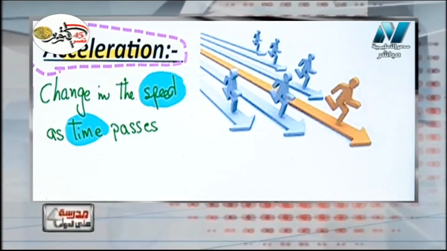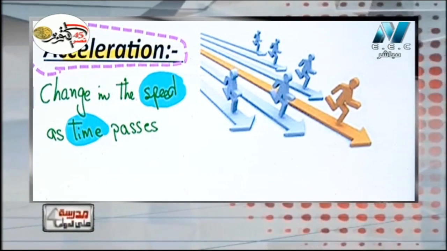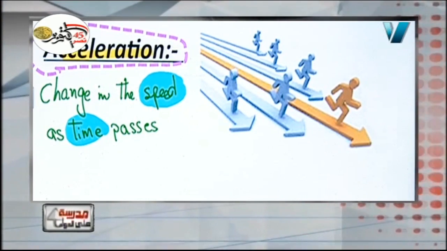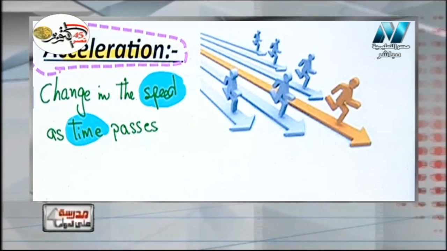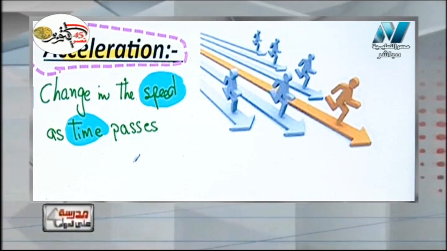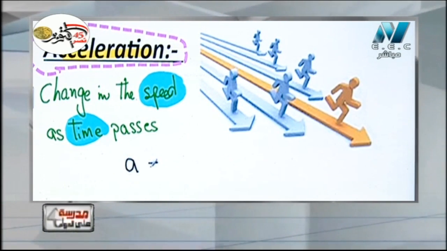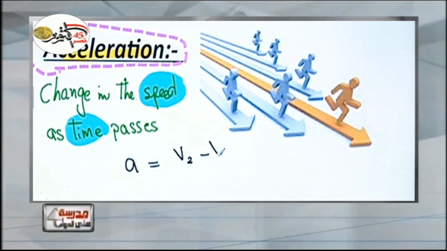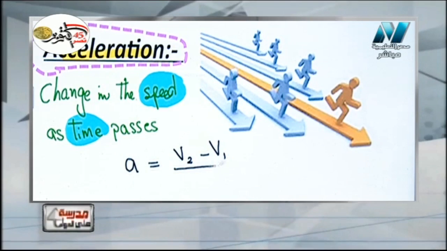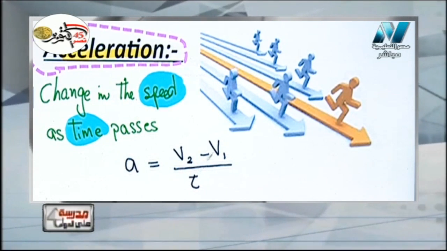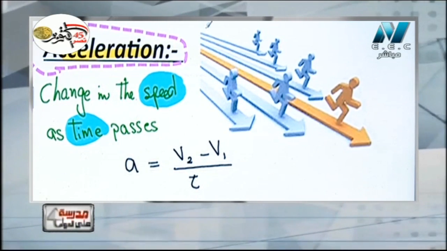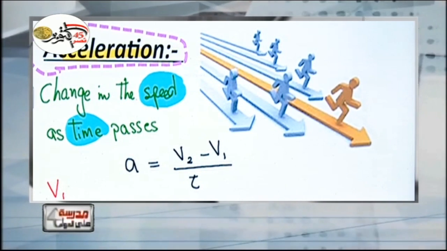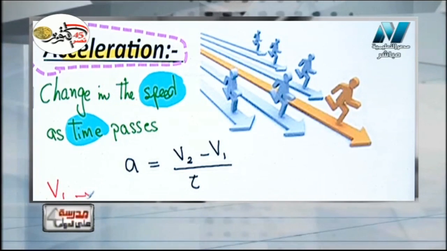If you want to represent the mathematical law of acceleration, here we have acceleration, A, equals V2 minus V1 over T. What is meant by V1 and V2 in this mathematical law?